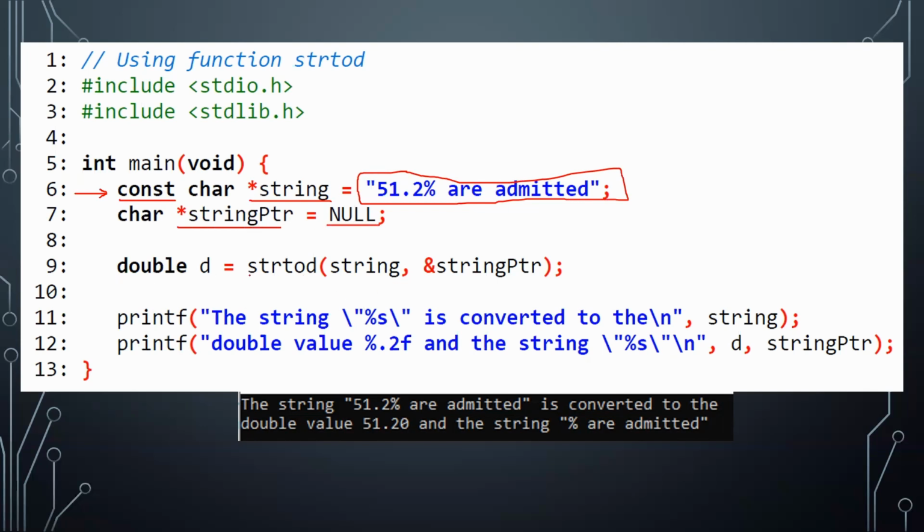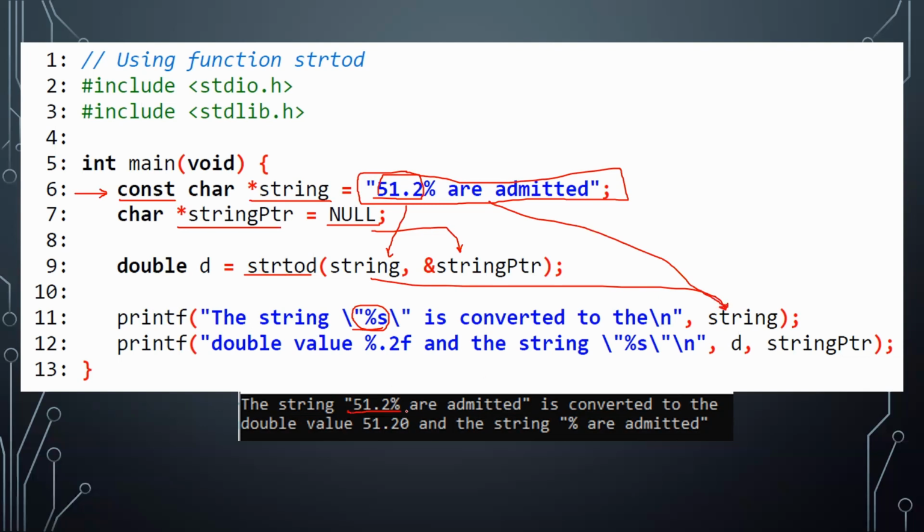Here, double D, string to double, I'm sending it the string and I'm sending it the pointer. We're going to do a little crisscross. String to double is going to march down that string and pick out the double, so it's going to pick out 51.2. So the string, here's my %s, and I sent it string. This right here is going to be the whole thing.